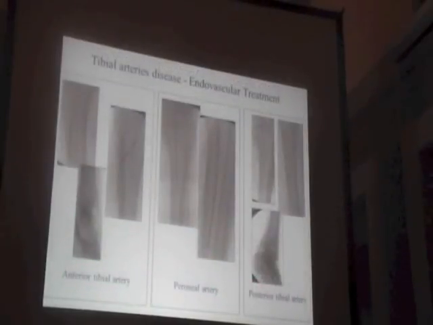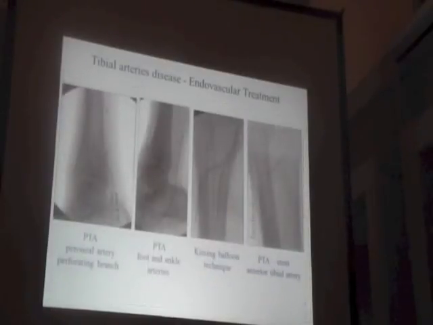Then we started with our approach, with this guideline, to treat patients with tibial disease in the anterior, posterior, and peroneal arteries with different kinds of technique: simple PTA, PTA of perforating branches, PTA of foot and ankle arteries, kissing balloon techniques, or PTA and stenting.